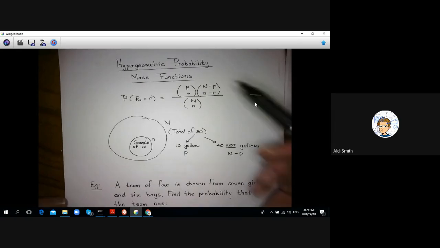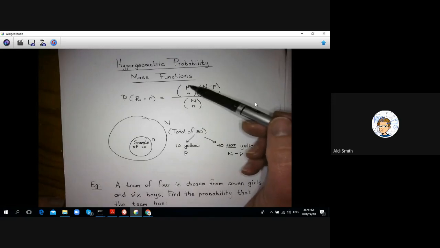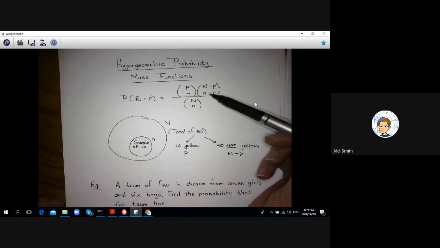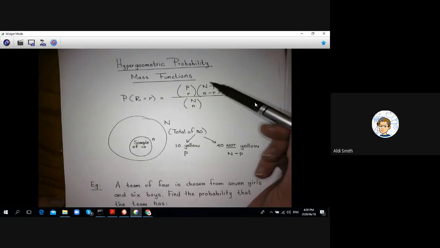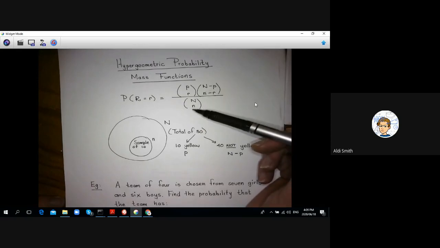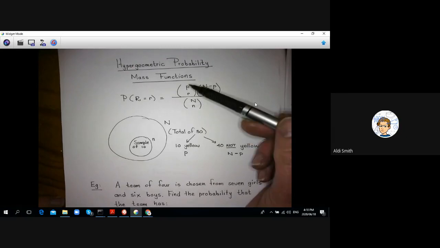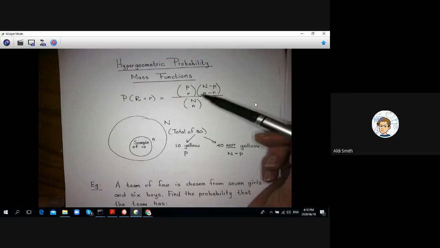So that means I need to get 4 out of the 10 yellow ones, which means I will then need to get 6 out of the 40 not yellow ones. So this is what I'm talking about. I'm picking 10 flowers out of 50, but the 50 is split into 10 that are yellow and 40 that are not yellow.